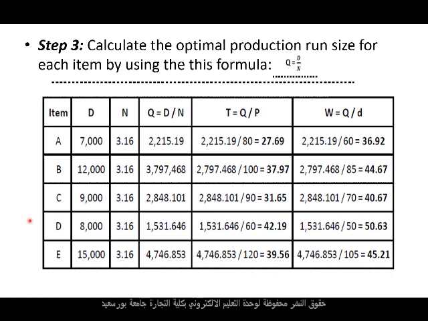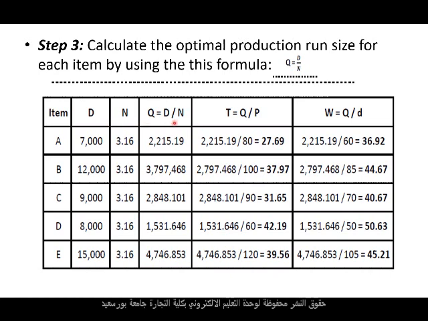Step number 3. Calculate the optimal production run size for each item according to this formula: Q equals D over N. Let me remind you what I said in the last video: number of orders N equals D over Q, so Q equals D over N. Here we need the column for D and the column for N, which we get from the second step.